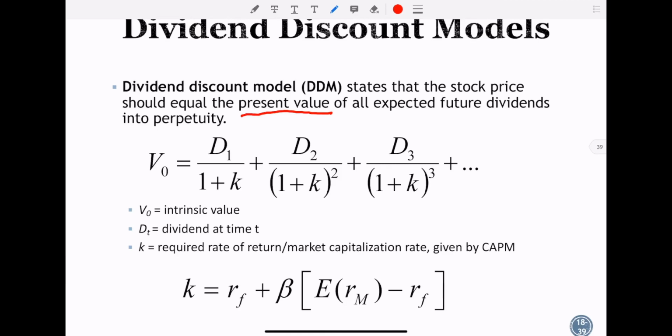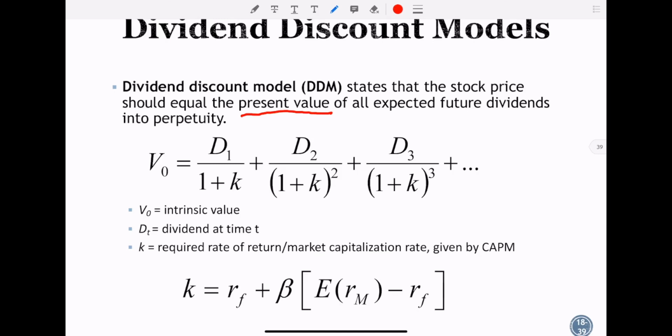What you're doing is you essentially discount all future dividends, right? What is D1 here? D1 is the dividend you will get in the next period, or on day one. D2, you could say this is the dividend you can get on day 2, or year 2. So D3 is the dividend that you can get on day 3 or year 3, right?